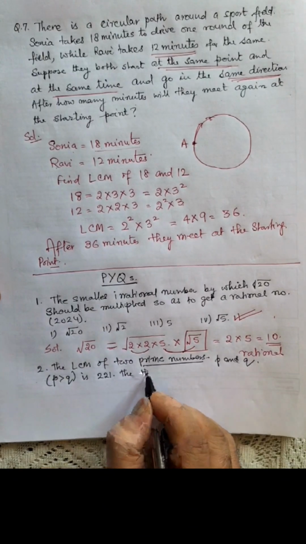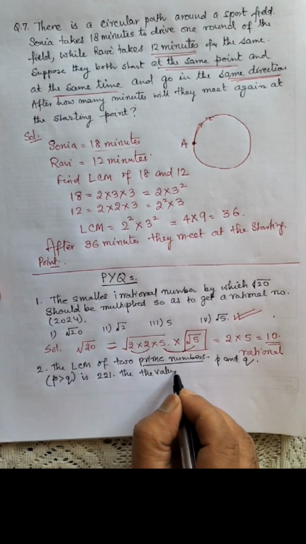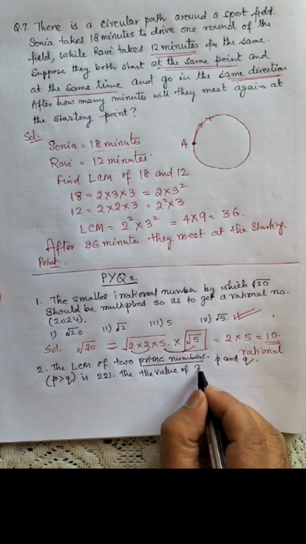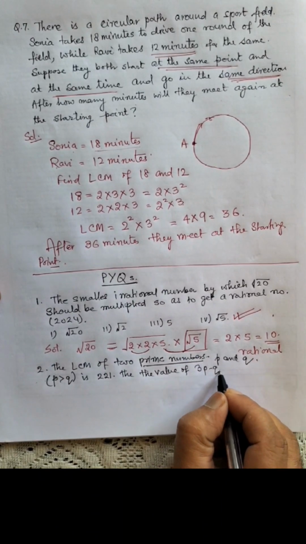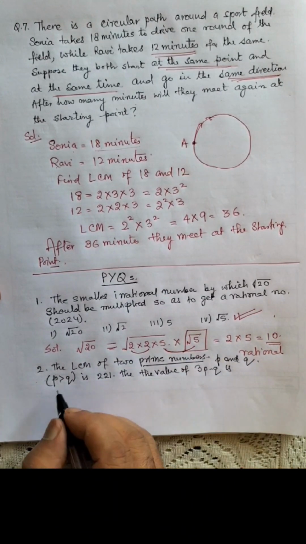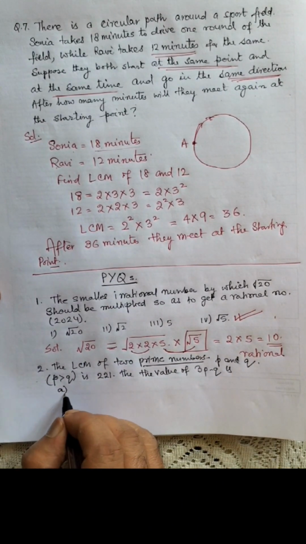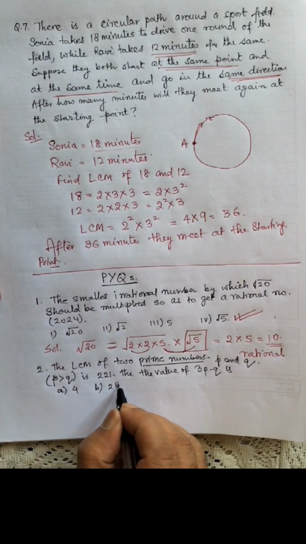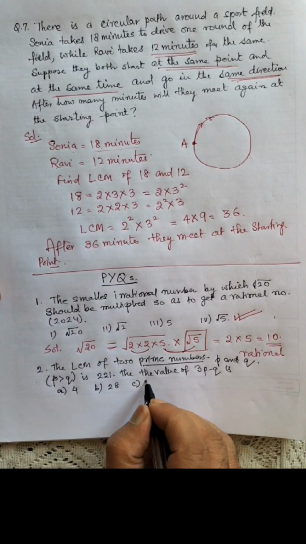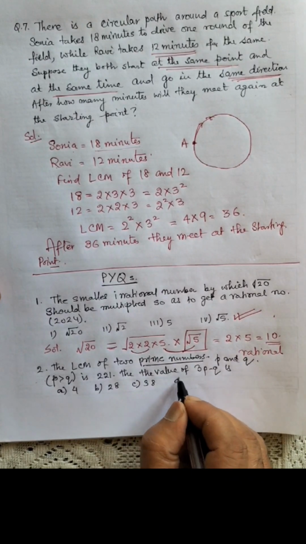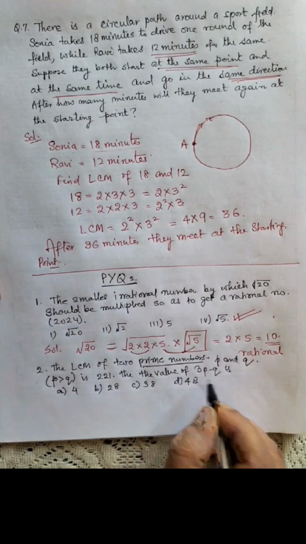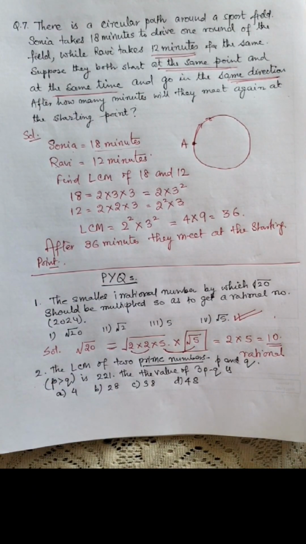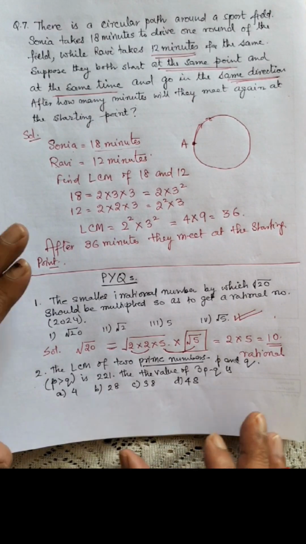Then the value of 3P minus Q is, the options he has given: A 4, B 28, C 38, and D 48. So how to go for solving this?